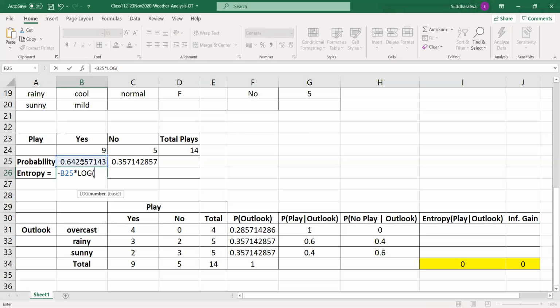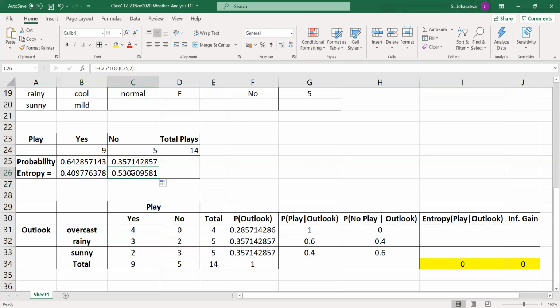So you can also specify the log. So log of this value, base 2. This is the formula: minus p log base 2 of p. Obviously, this is also going to be the same.